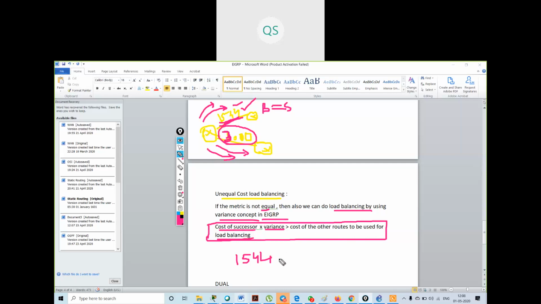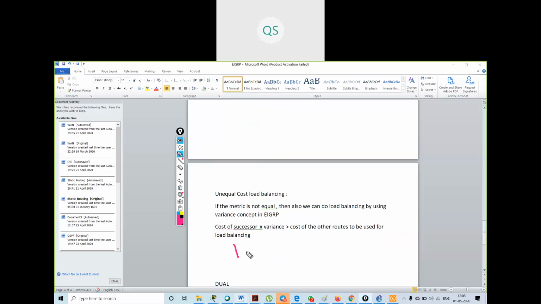If I multiply 1544 by 1, it will be the same value. Suppose I give 2, then the value will be 3088. The value became 3088 and the value of my other path is 3000.